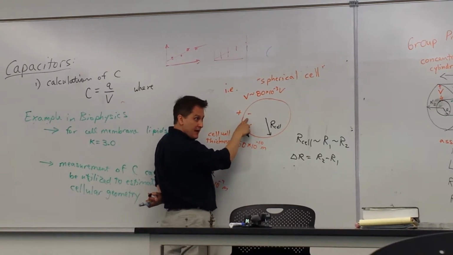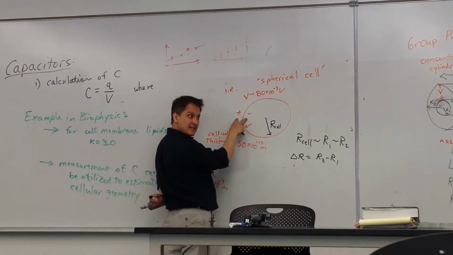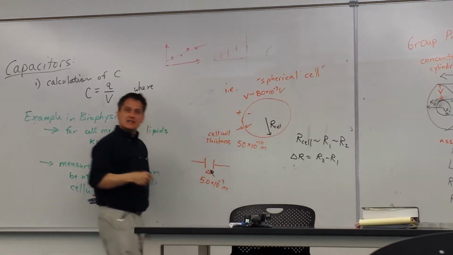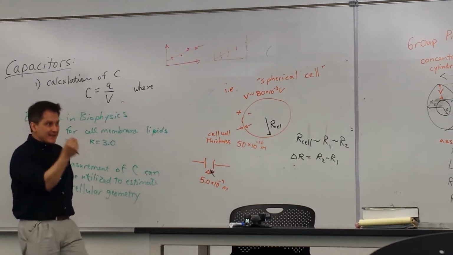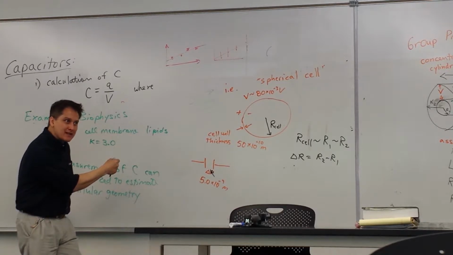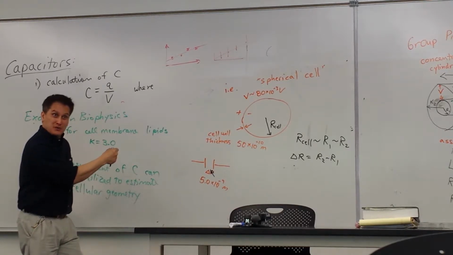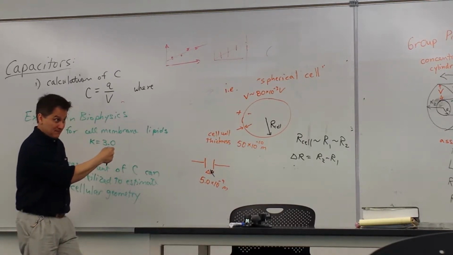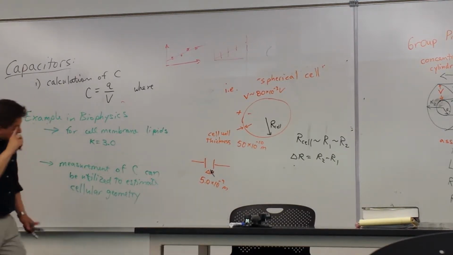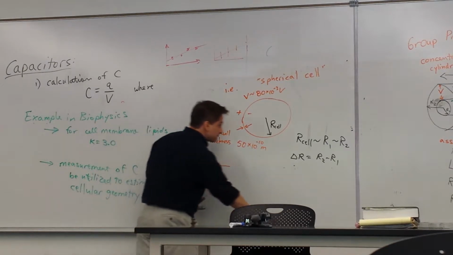Or if you measured the capacitance, you could use that to estimate the amount of charge, plus and minus, on either side of this charged capacitor, and simultaneously estimate the quantity of individual electrolytes that would have had to have migrated from one side to the other in order to charge that thing. So it's very cool how this can be applied.